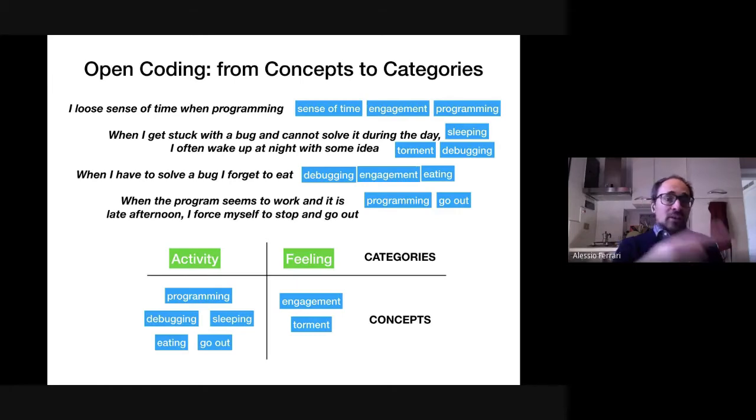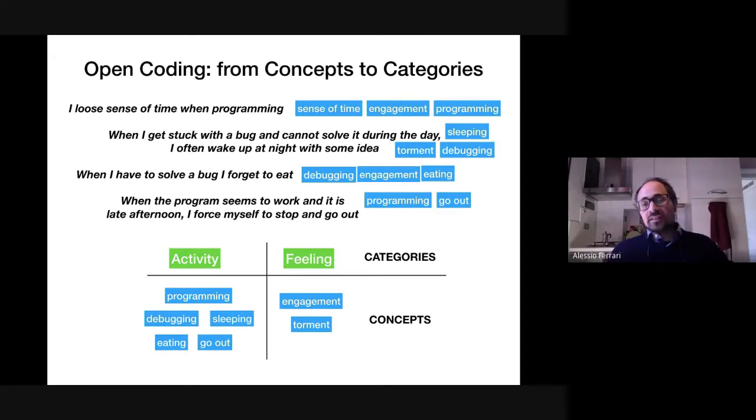Another person may say, or the same person may say, when I have to solve a bug, I forget to eat. Here it is related to debugging, still related to engagement, probably negative engagement in this case, and to another activity that is eating. And finally, when the program seems to work and it is late afternoon, I force myself to stop and go out.